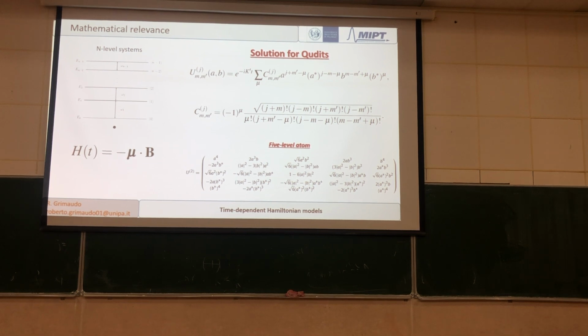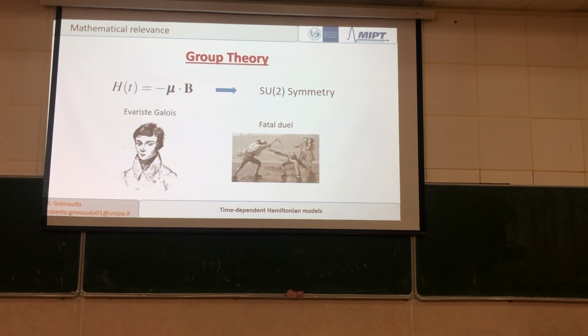The general n-level Hamiltonian is the generator of the SU(N) group, so in this case we have n parameters. But for a Hamiltonian describing, for example, an n-level system as spin j subjected to a time-dependent field, this Hamiltonian has not an SU(N) symmetry, but an SU(2) symmetry. So it means that this Hamiltonian is the generator of the SU(2) group.